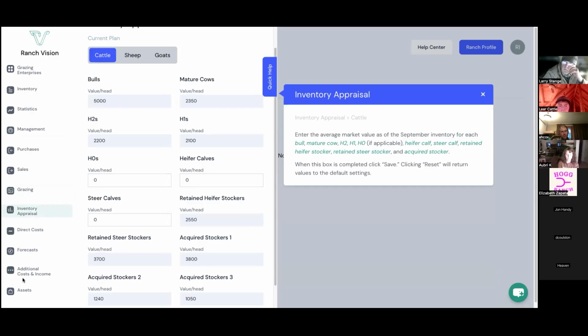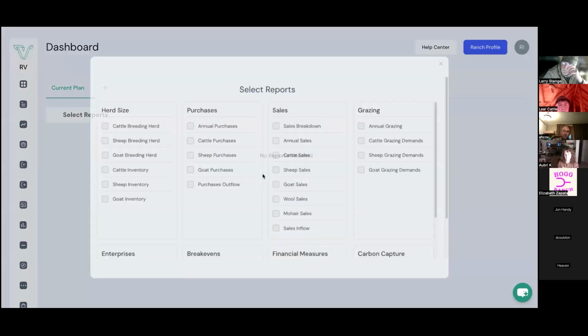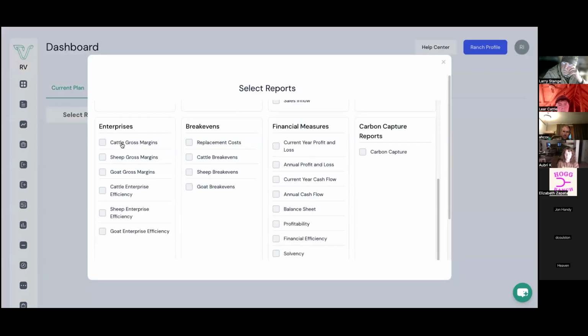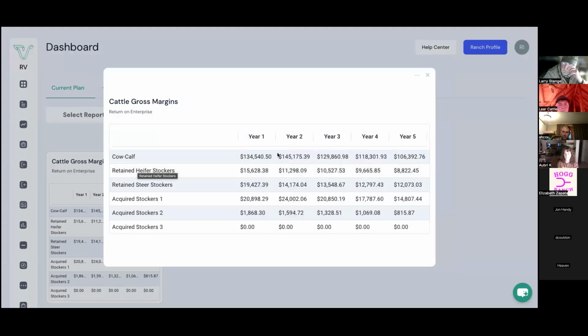Okay. So for inventory appraisal, the program is looking at true economic profit. Quick, sorry, Larry just dropped a question there. What about two different breeding seasons? Why don't you go ahead and open the enterprise or gross margin report. The program will allow you to look at one cow-calf enterprise, one breeding enterprise, and up to 5 more stocker enterprises.